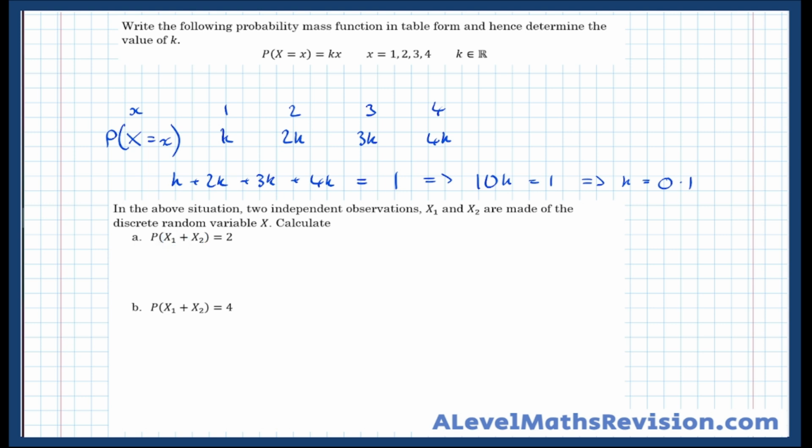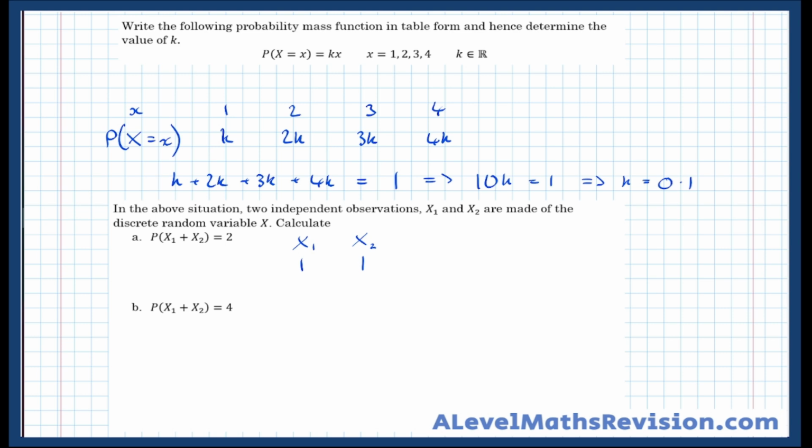Well, there's 4 outcomes, 1, 2, 3 and 4. So the only way that the outcomes are going to add up to 2 is if the first outcome is 1 and the second outcome is also 1.